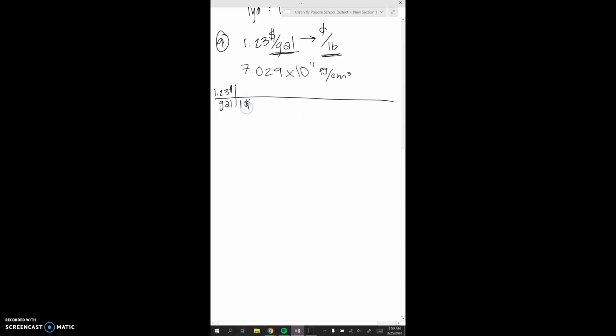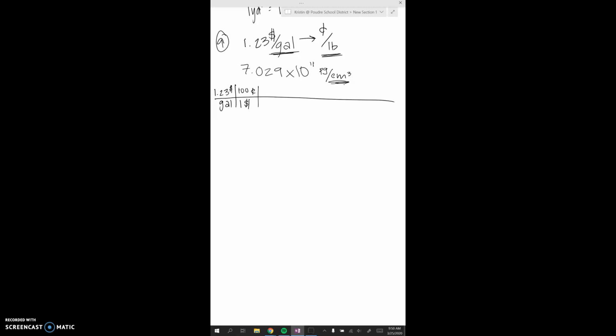So $1 goes to 100 cents. Okay, so that part is taken care of. Now I need to get my gallons to centimeters cubed so that I can use this wonky density conversion factor to go from volume to mass.